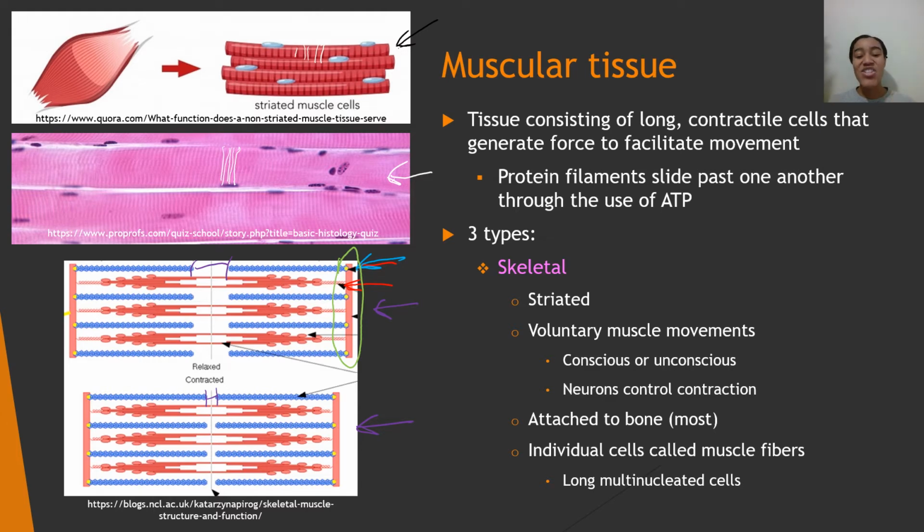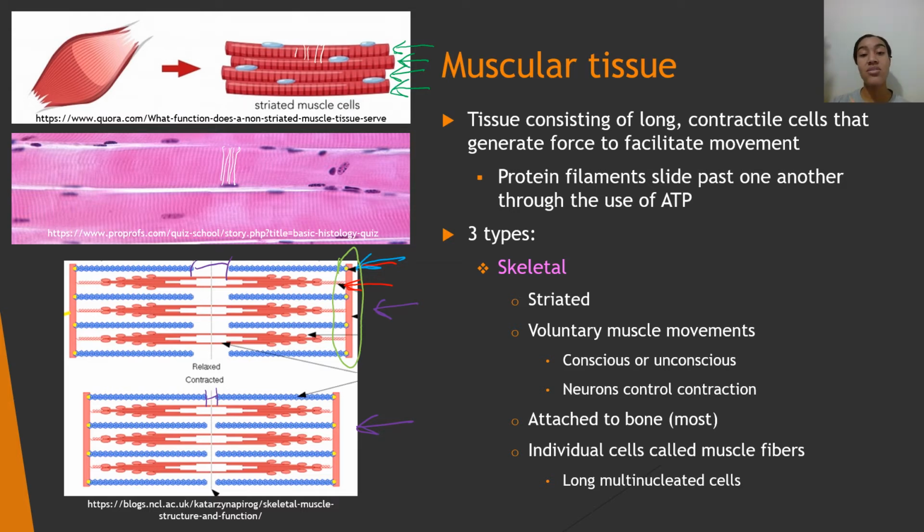And then each of the individual cells within the skeletal muscle are called muscle fibers. And so these are multinucleated long cells. So each of these that are shown up here, each of these long tube looking things, is a muscle fiber. And they are multinucleated.